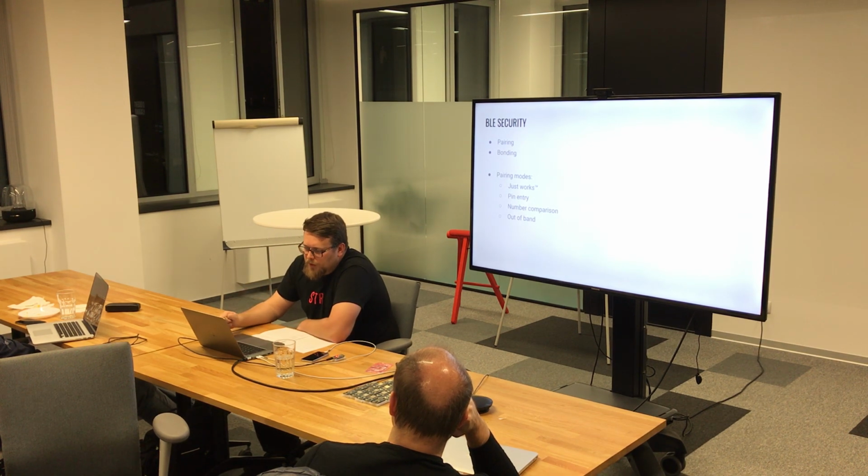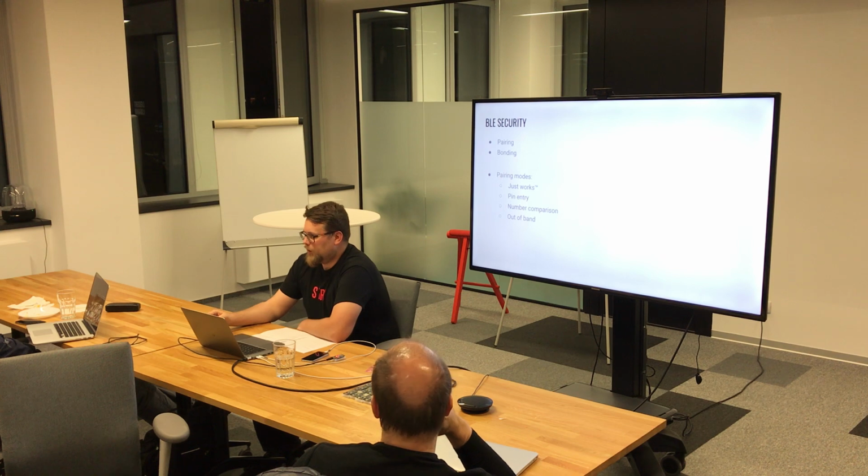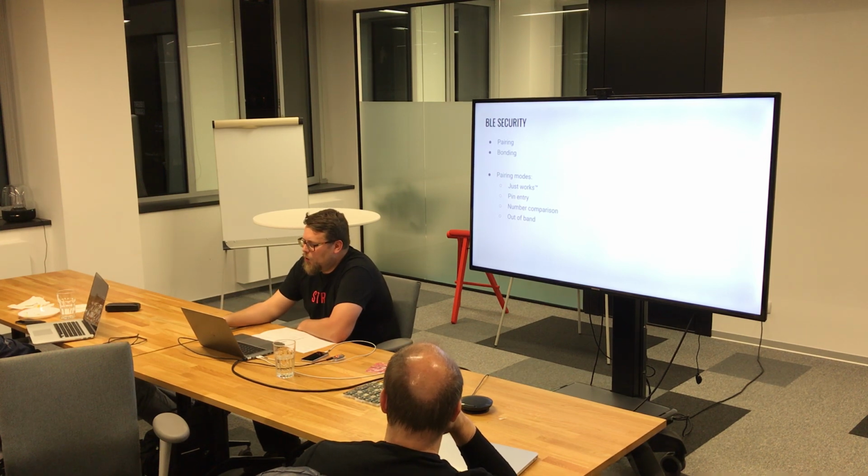So there are 4 pairing modes. First one is called just works, which is basically super unsecure, but it works because there is no randomization of the keys. The key for initiating the encrypted session is always 0.